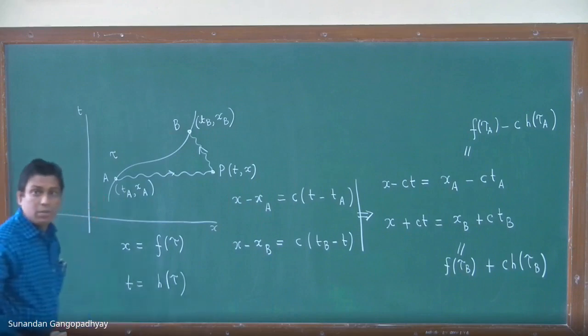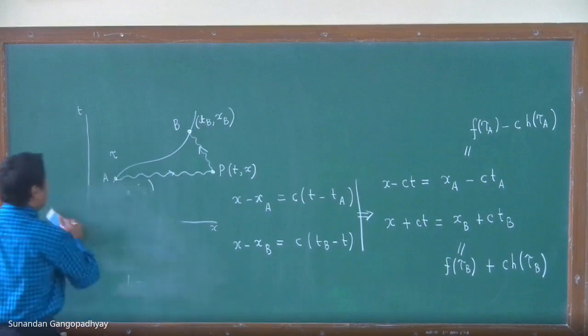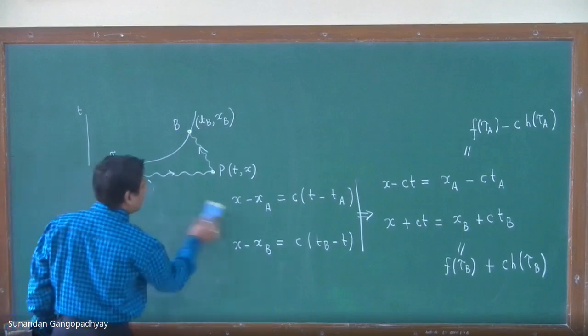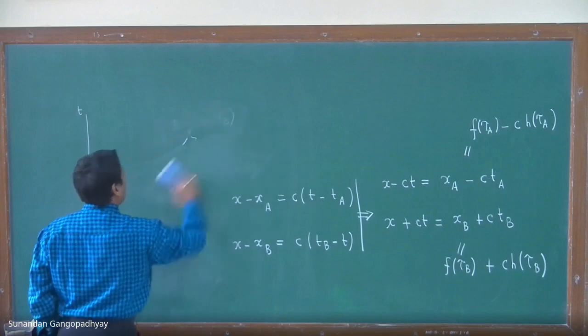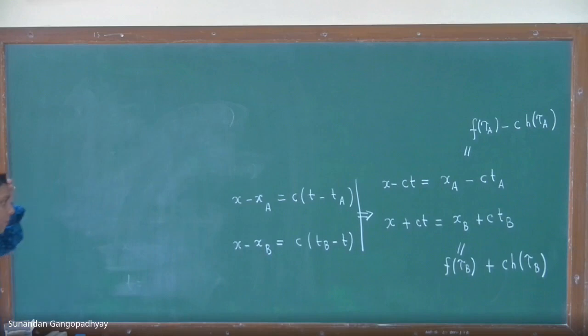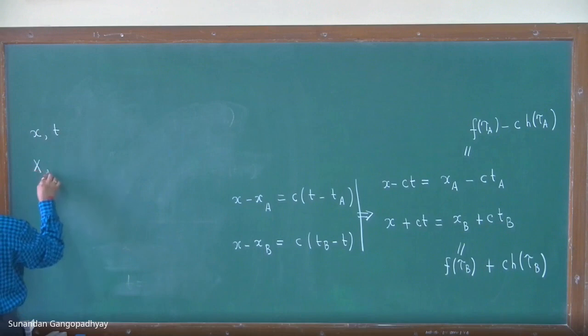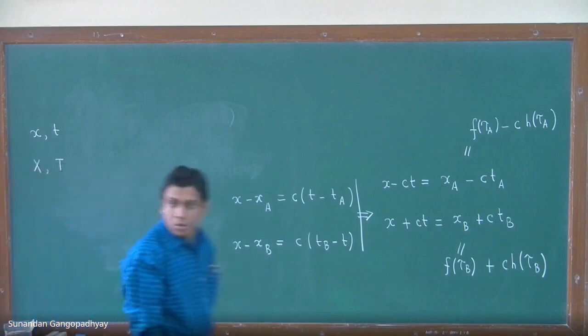Okay. So if this is good, let me just move this part. Now our task is to find some relation. Our main goal is to find the relation between small x and t and the coordinates capital X and capital T. What is capital X and capital T? So let me just draw this.